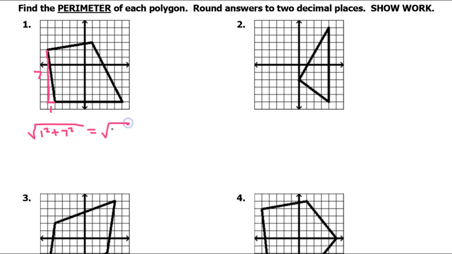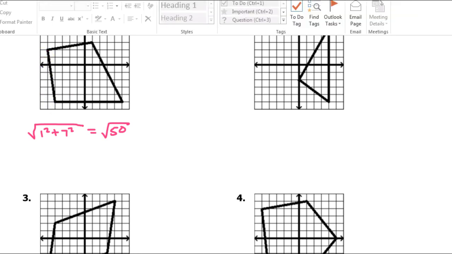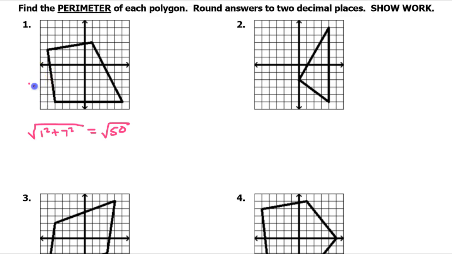So that's going to be the square root of 50. All right, so that gives me the first length, the square root of 50. I can turn this into a decimal later, but for right now, I'm just going to put the square root of 50. All right, so I'm just going to continue all the way around.